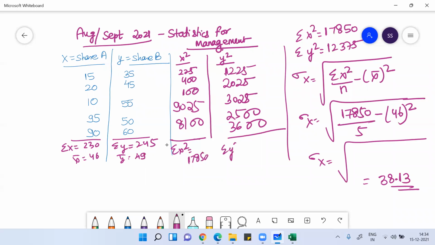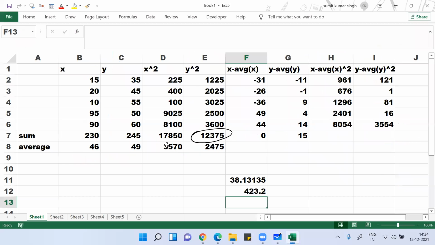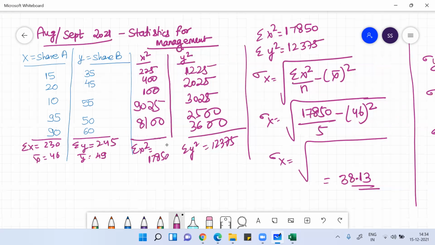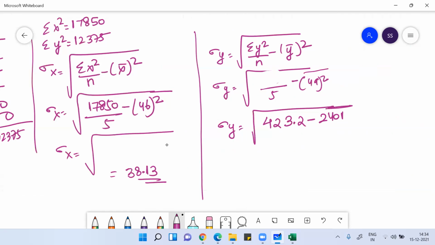The sum of y square is 12375. 12375 divided by 5 is 2475. Then minus 2401, this will be 74. So this is the root of 74.